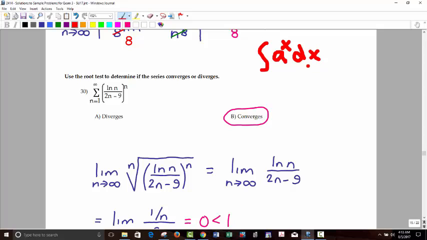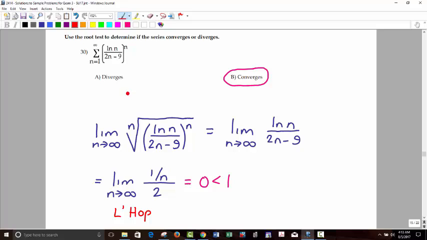So this integral is 1 over ln of a, times a to the x. So if they're geometric, you actually have 4 ways you can come up with the answer. But let me clarify what I said: all geometrics are roots, but not all roots are geometric. Anyway, the root test is easy.